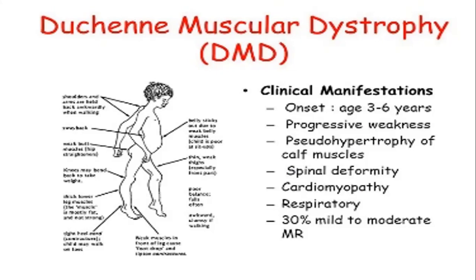Duchenne's muscular dystrophy is a serious form of dystrophy in which the dystrophin protein is absent from muscle. It is X-linked and is usually fatal by the age of 30.